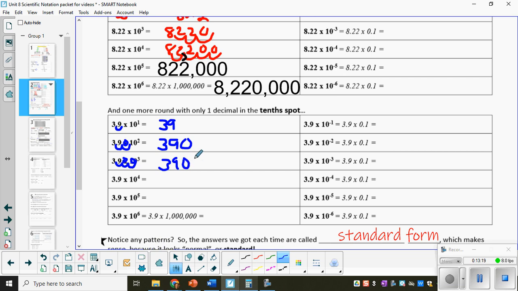All right, for the next one, we're going to move the decimal 4 times. So that would be 1, 2, 3, 4. So we'll fill in with these zeros here. So this is 39,000. And this is going to be 390,000.